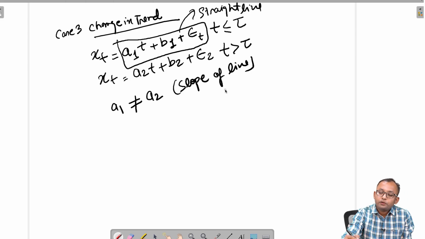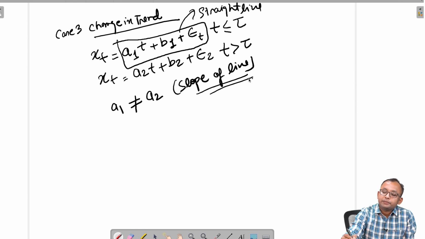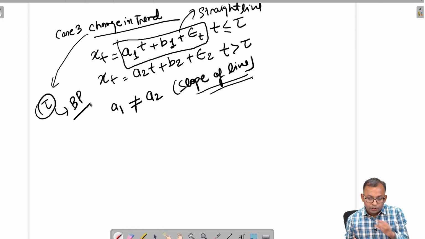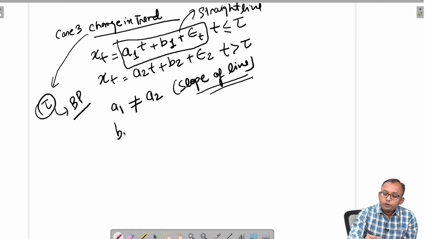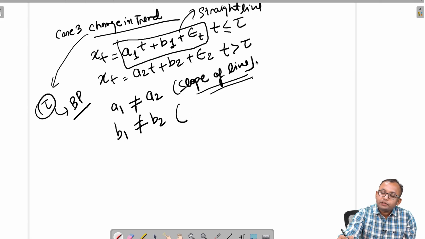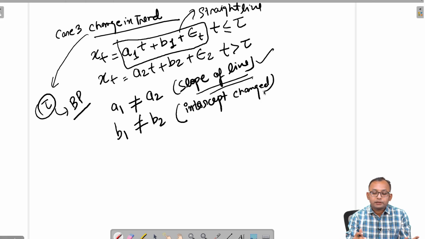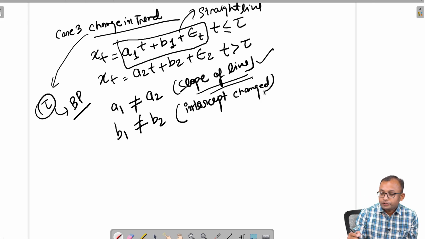So, a1 not equal to a2 means the slope of the line has changed, and therefore we can say there is a change in the trend, and the tau position is called the breakpoint location of the data set. Okay. It is also possible that b1 is also not equal to b2, which means along with the slope of the line, your intercept has also changed.